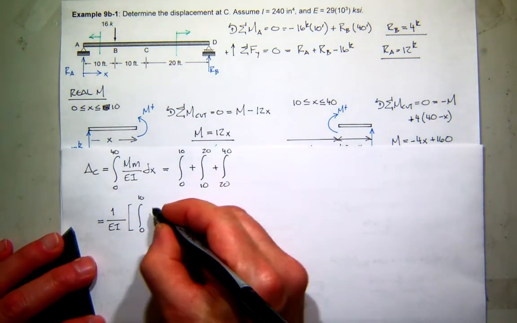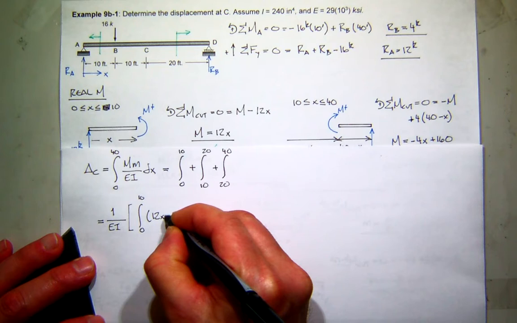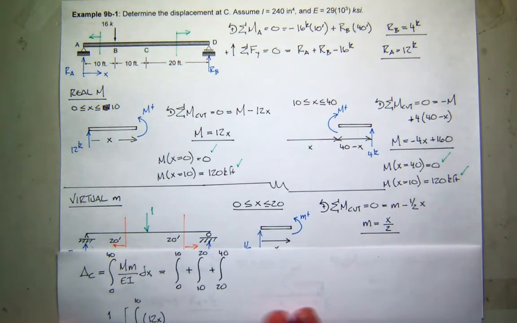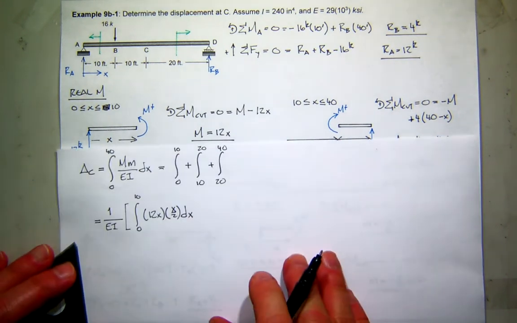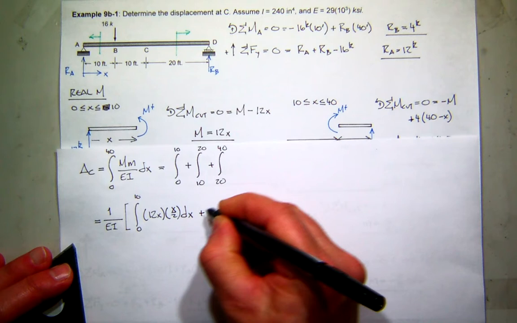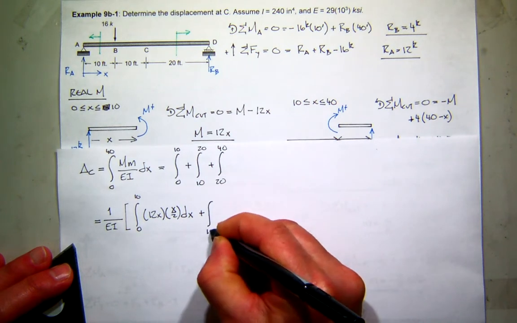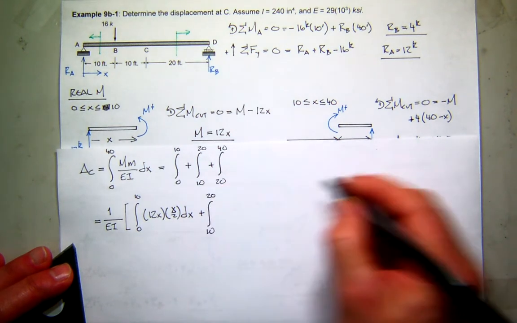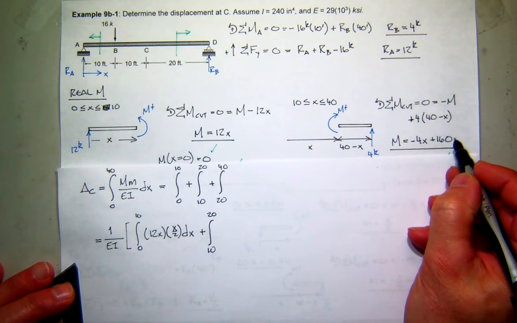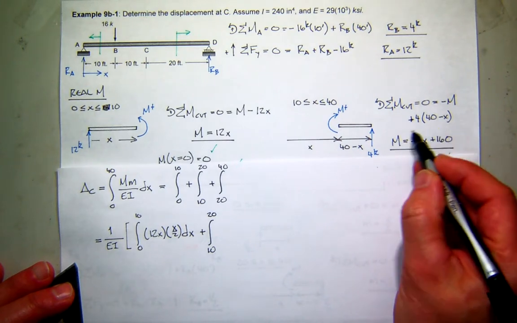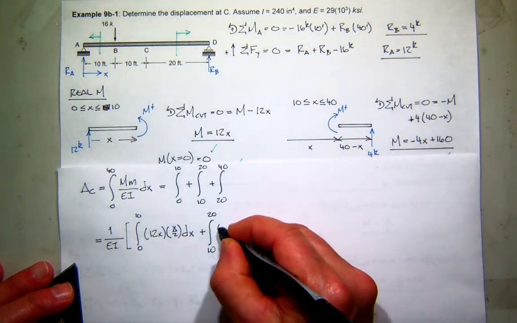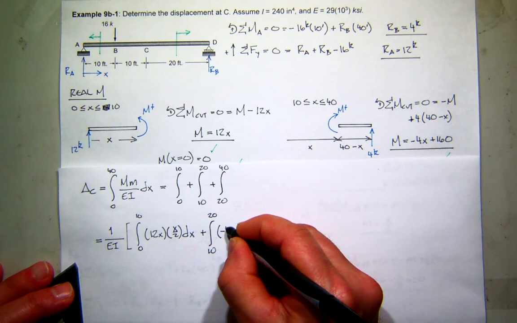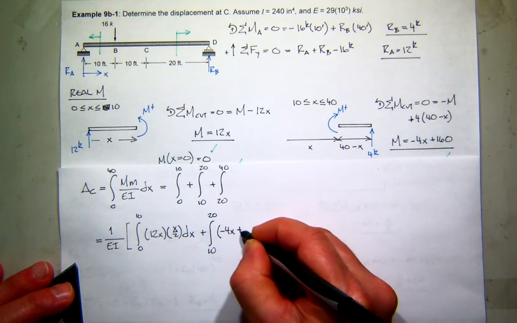So that's my real moment, 12x, and the virtual moment in that space is x over 2. Okay? Now the integral from 10 to 20, well, I have to switch over to the real moment that's valid from 10 to 40, which would be minus 4x plus 160.